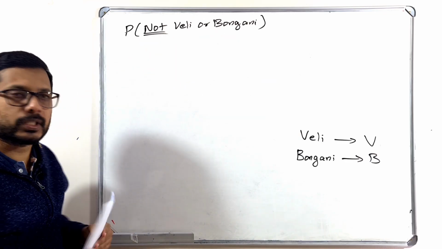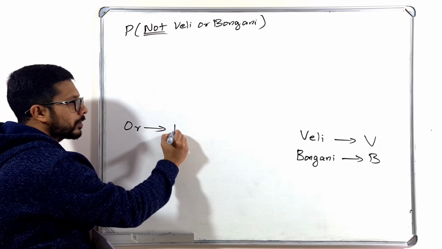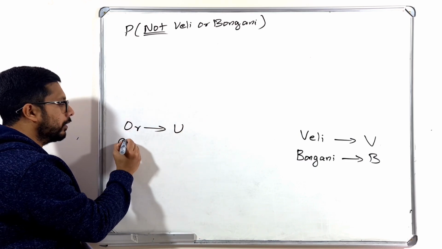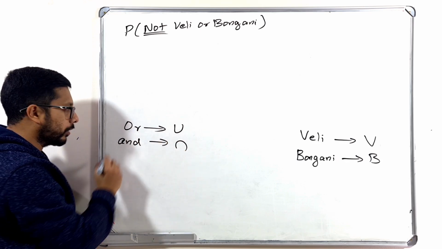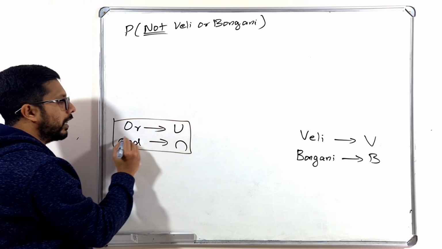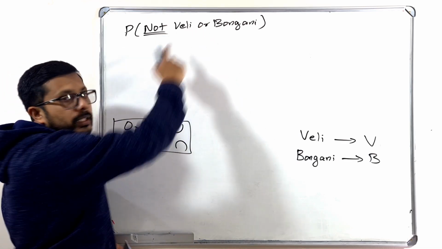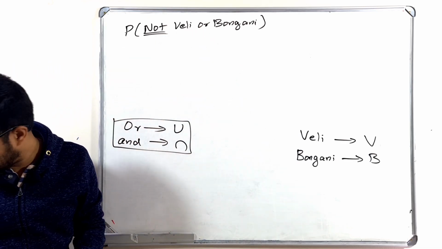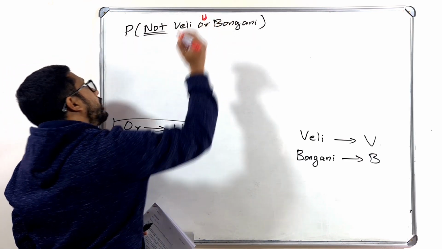In theory class I told you, or we can represent as union and and as intersection. Do you remember that one? Or is union, and is intersection. So here or stands for union.